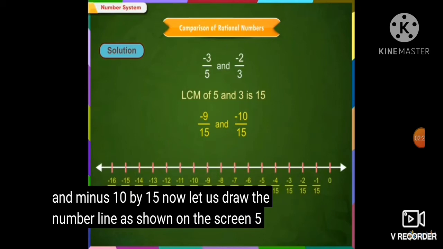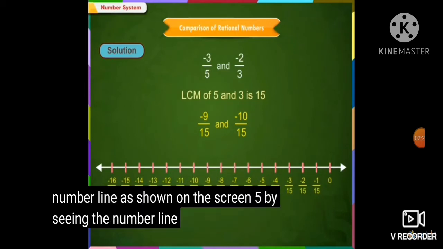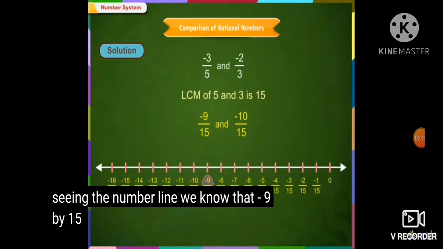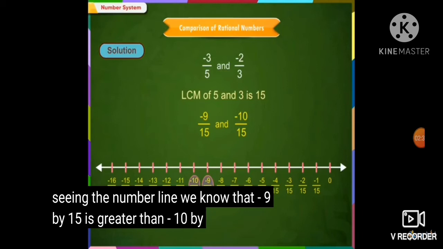So minus 9 by 15 and minus 10 by 15. As we know, minus 9 by 15 is greater than minus 10 by 15. Seeing the number line, we know that minus 9 by 15 is greater than minus 10 by 15.